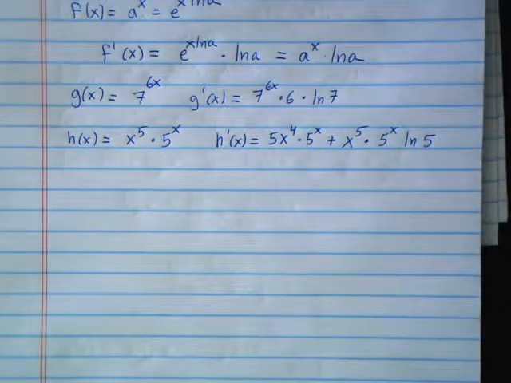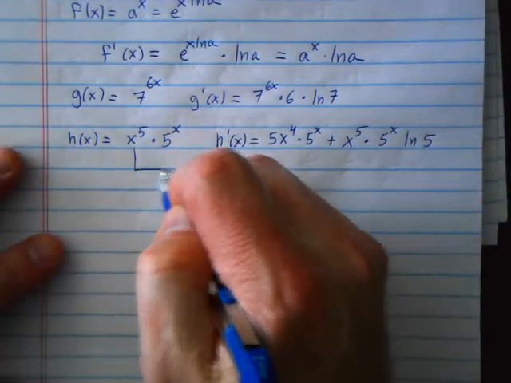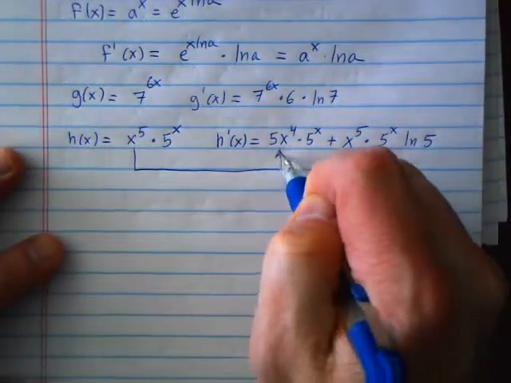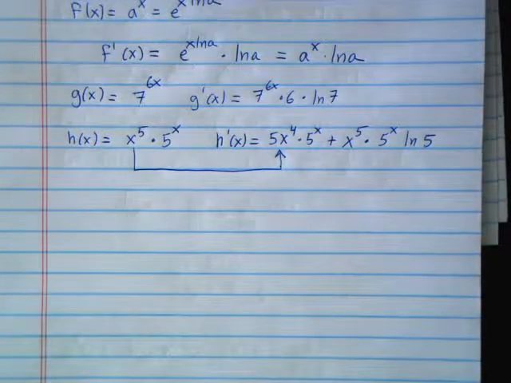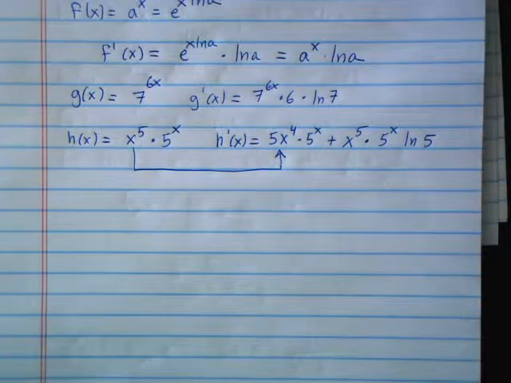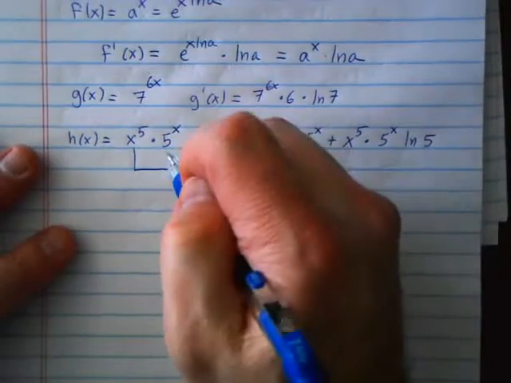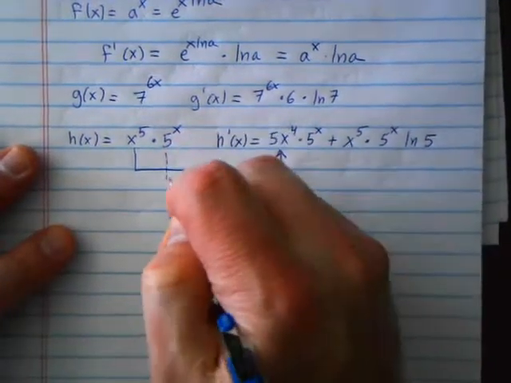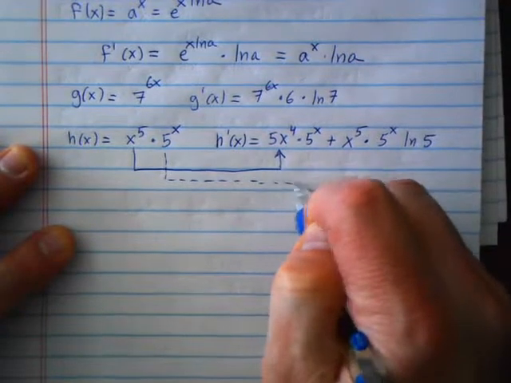Notice those two derivatives of the individual parts are very, very different. For the first part, you pull the exponent down and subtract 1 from the exponent. However, to find the derivative of the other part, it's completely different.